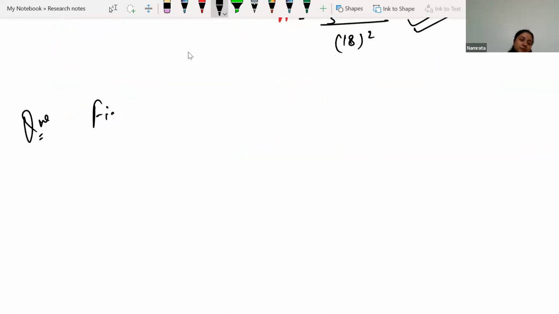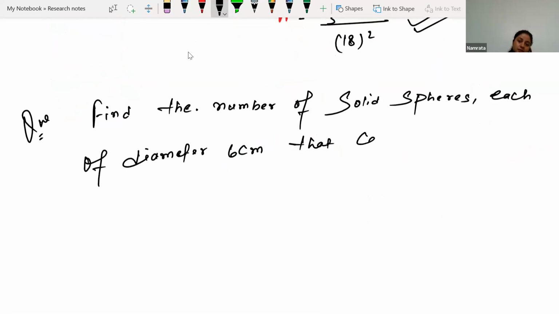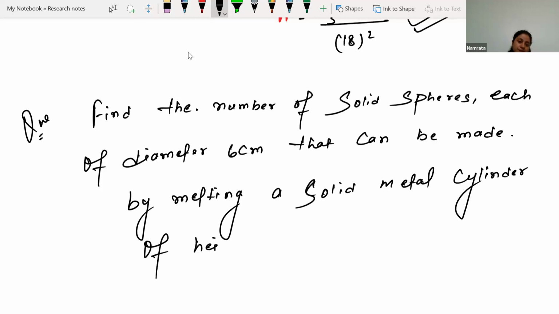Next question is: find the number of solid spheres, each of diameter 6 centimeter, that can be made by melting a solid metal cylinder of height 45 centimeter and diameter 4 centimeter.